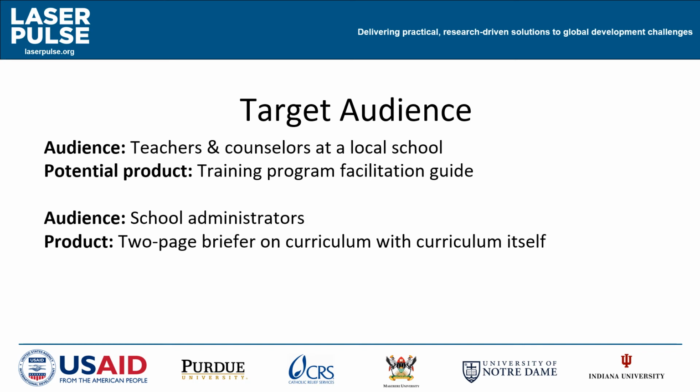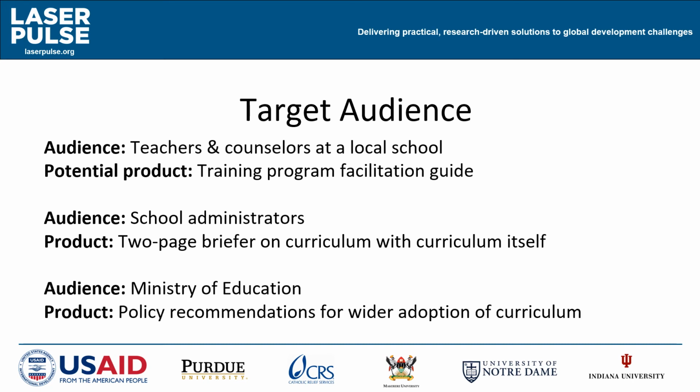You could also target school administrators with a two-page brief on the curriculum, packaged with the curriculum itself. Lastly, you could target a higher level with the Ministry of Education, with policy recommendations for wider adoption of the curriculum. Many more possibilities exist.